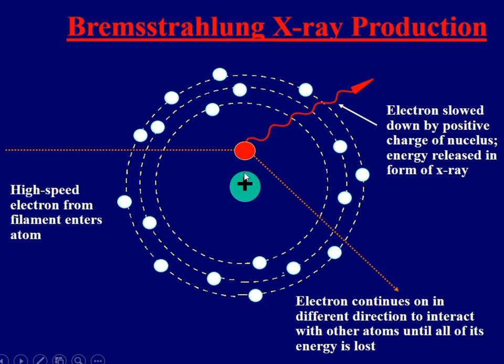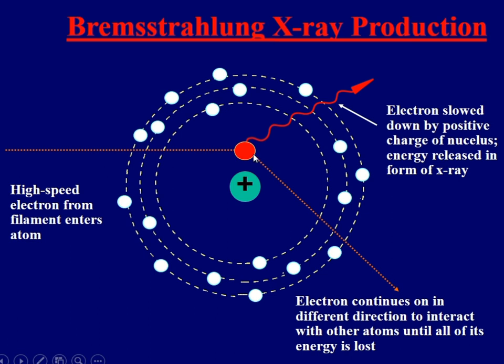Because of the Coulomb interaction, the nucleus will try to attract this electron towards itself, due to which the electron gets deviated from its path and is slowed down. So this accelerated electron is slowed down due to the attraction of the nucleus, due to the Coulomb interaction between the nucleus and the electron.